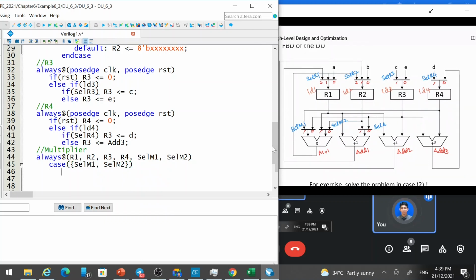Such that, for example, if these signals are 0 0, what is the operation that we want to perform? Okay, if 0 0 means that this line, which is R3, multiplied by R2. So the output MUL is R3 multiplied by R2.